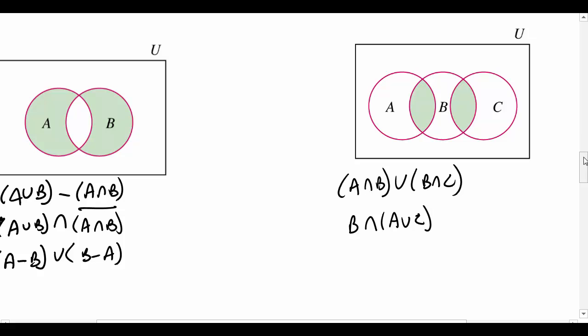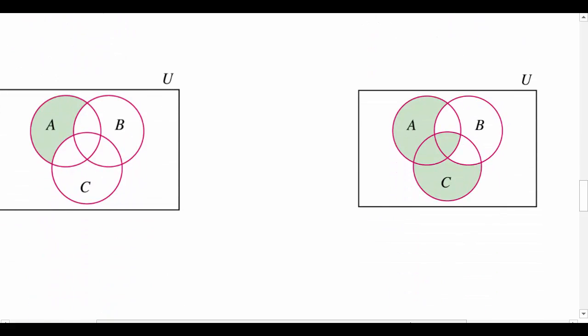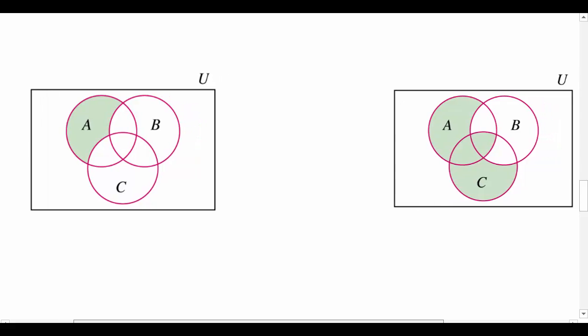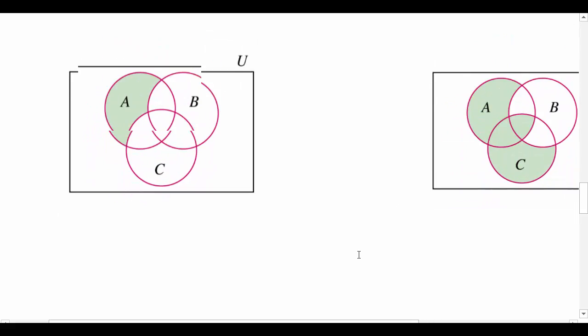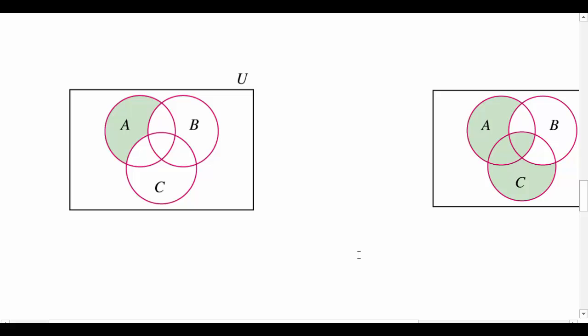And then let's keep going with this. Let's scroll that over so we can see a little bit better, maybe right there. All right, let's think about how else we can write this. Here in this picture, I want the stuff that's just in A, but nothing else shows up.